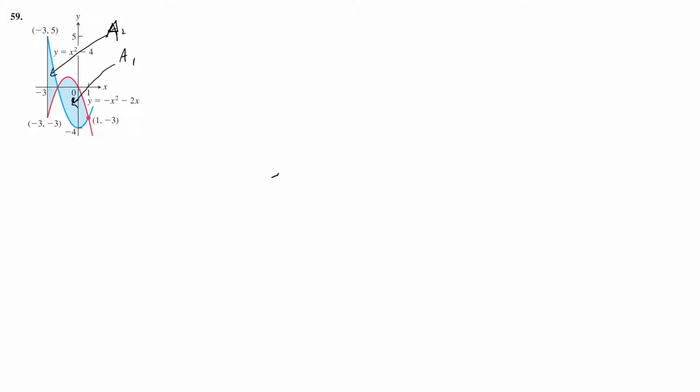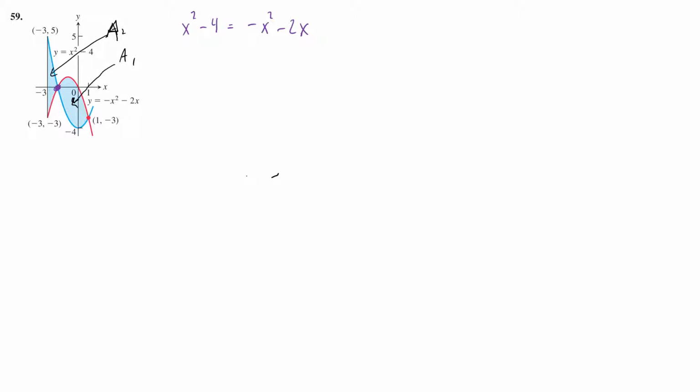Let me switch colors here. This point right here that I'm marking in purple, it looks like it's negative 2, but maybe we don't know for sure. We want to confirm it's negative 2. So to figure out where they intersect, we have to take the curves and equate them. So I'm taking one curve, x squared minus 4, and I'm going to set that equal to the other one and solve this equation.